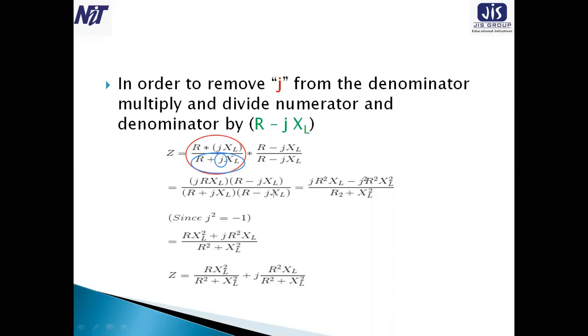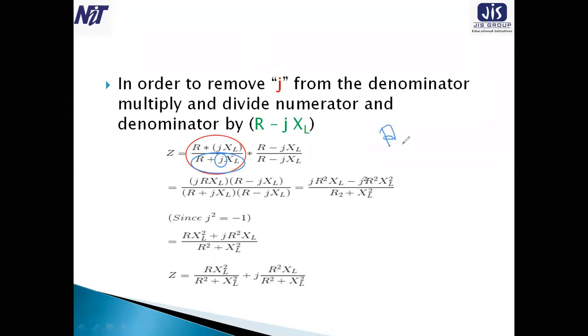it's a calculation: R square, R square XL into j minus j square R square XL square. So, simple multiplication, and here the denominator will be R square plus XL square. Why is it R square plus XL square in the denominator?